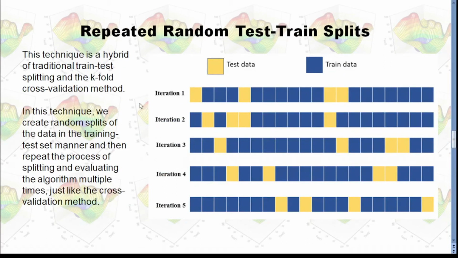Another validation method is called repeated random test-train splits. This is similar to k-fold cross-validation, but the only difference is that in this technique we create a random split of the data in a training-test manner, and then repeat the process of splitting and evaluating the algorithm multiple times.